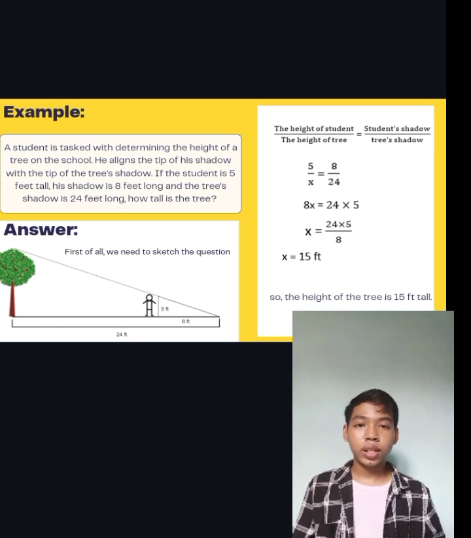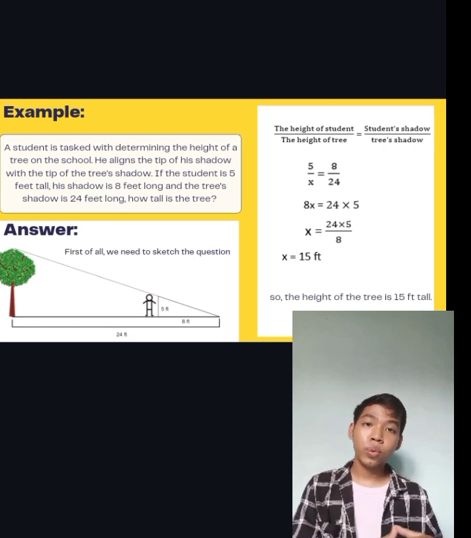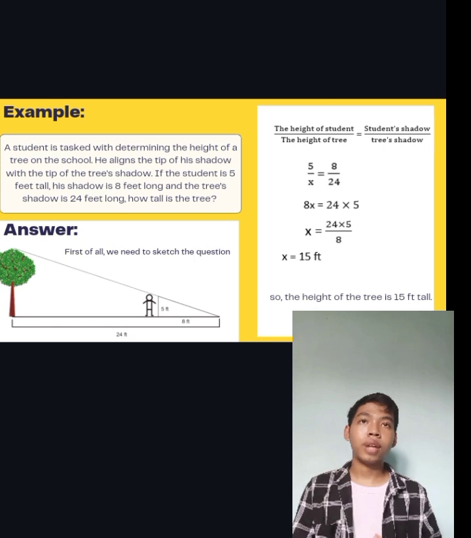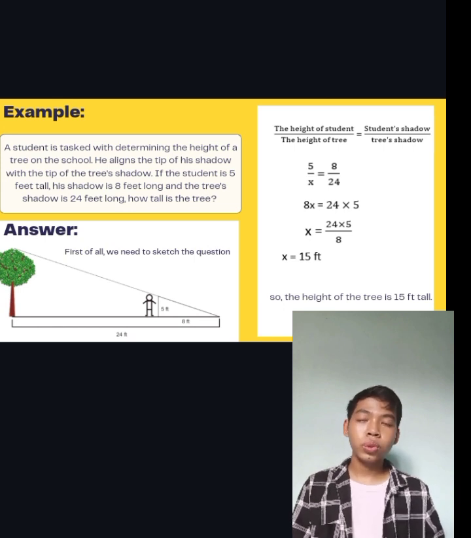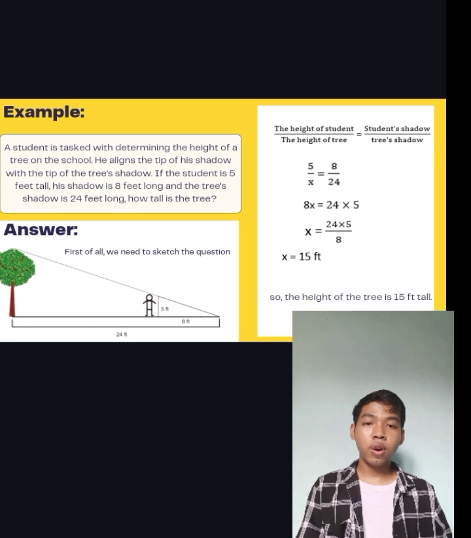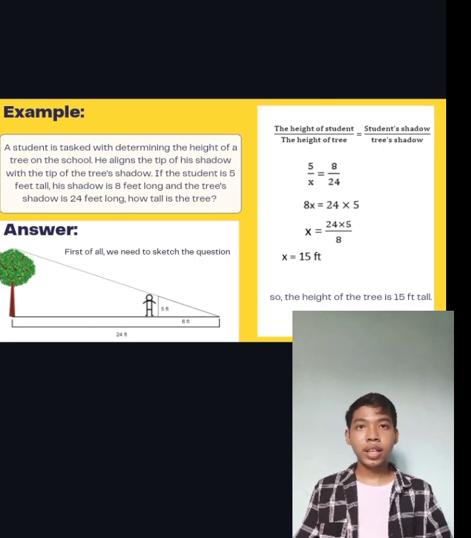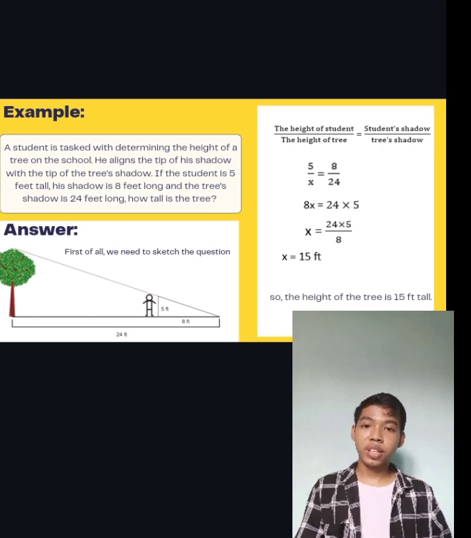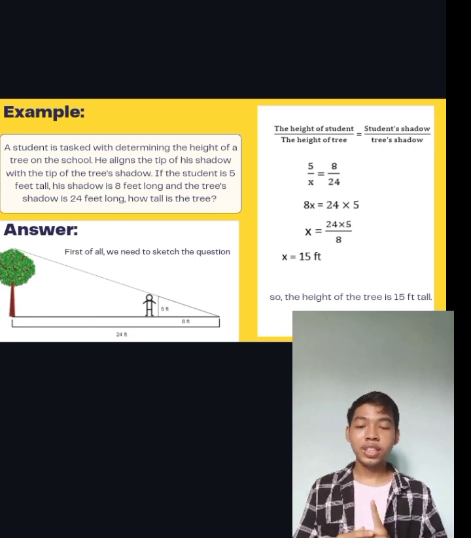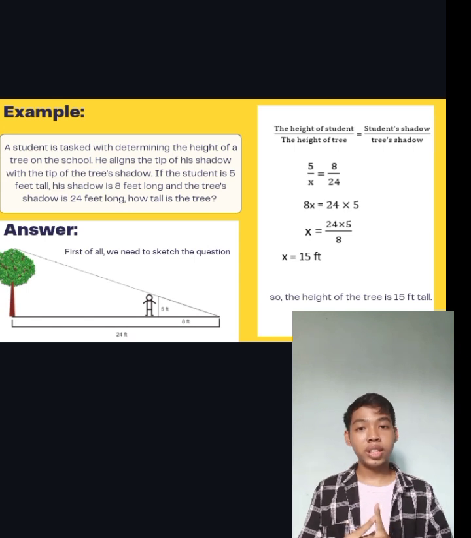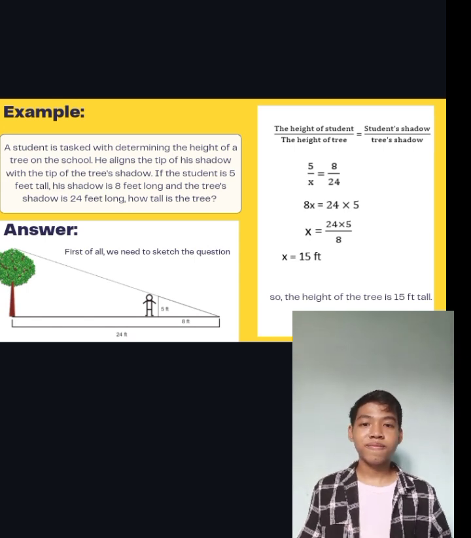We can also do the cross multiplication, and we get 8x equals 24 times 5. We do the operation again, so we get x equals 24 times 5 over 8, and we found x is 15 feet. So the height of the tree is 15 feet tall.